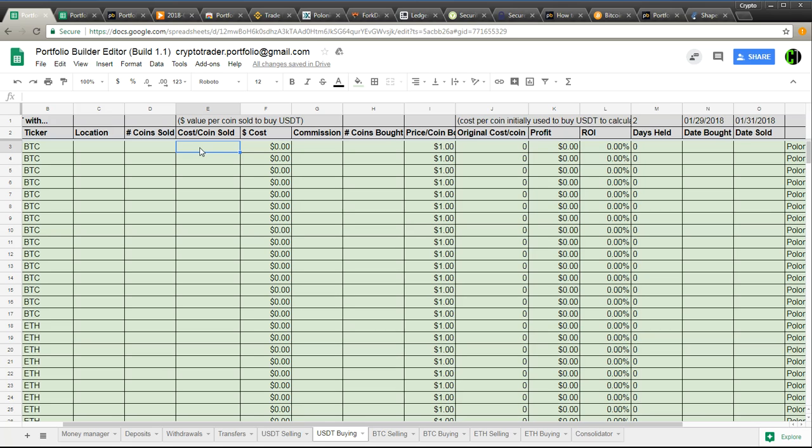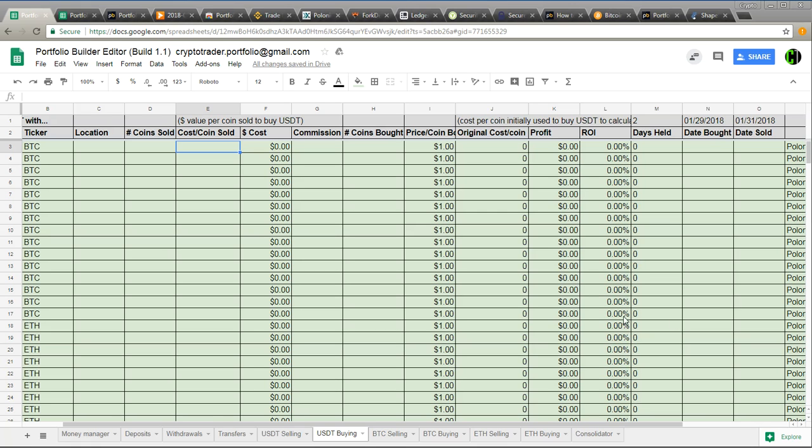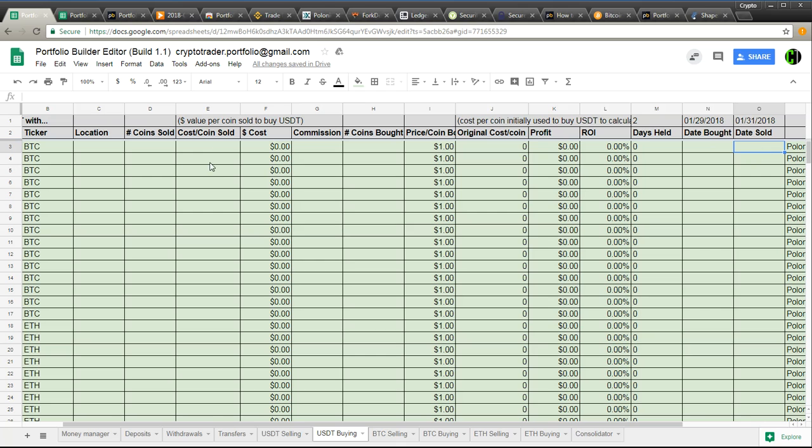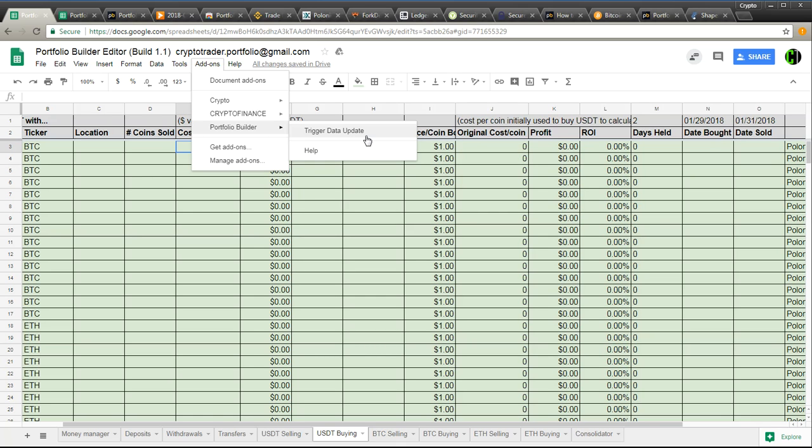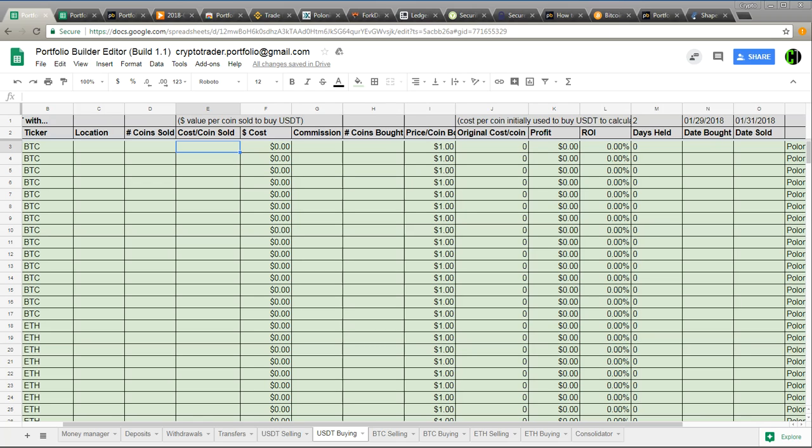Now if you do know that, you can always manually input it right here. And again, in a moment I'll start putting in some real trades. Do note that when you put the date in here, it will not automatically fill that price until after you've done an update. Everything has to be updated once you've filled in the spreadsheet to recalculate all the figures.